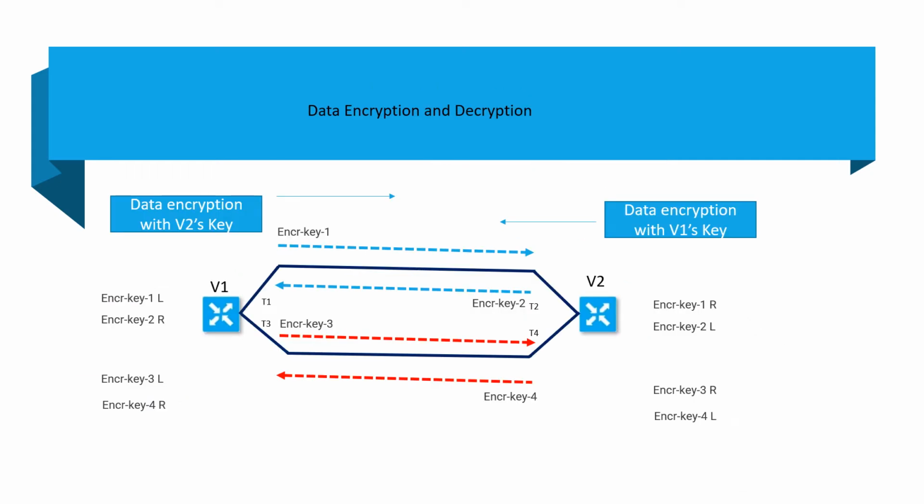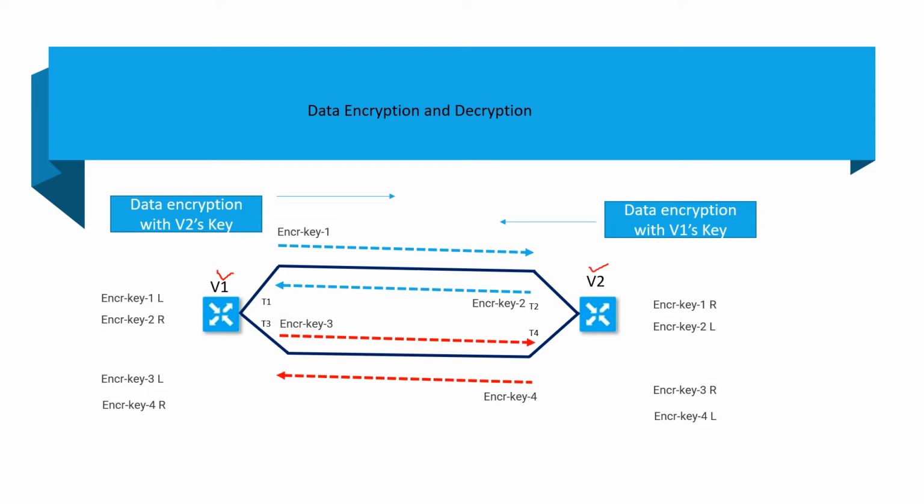Let's try to understand how this key exchange happens and how exactly the encryption and decryption will look. So look at my diagram. I have a device which is V1, a vEdge 1. On the other end, I have a V2 device, which is a vEdge 2.